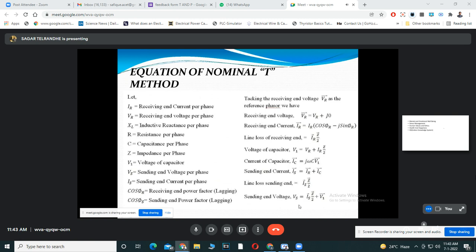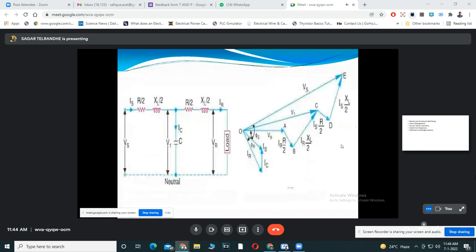Sending end voltage Vs is equal to V1 plus Is times Z by 2. Thus, we can now represent this equation of the nominal T method in a phasor diagram. So here we have the phasor diagram of the equivalent circuit of our electrical power system, or specifically, of our transmission line.